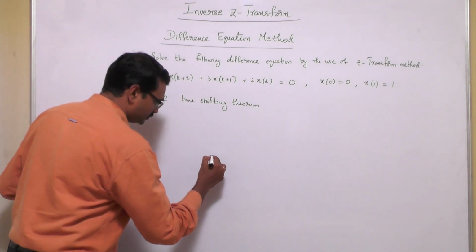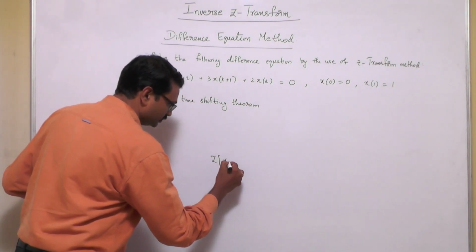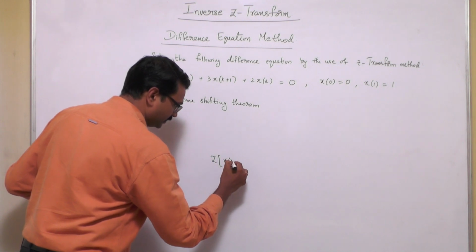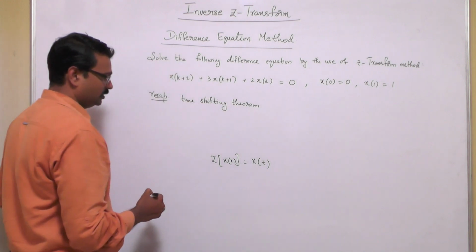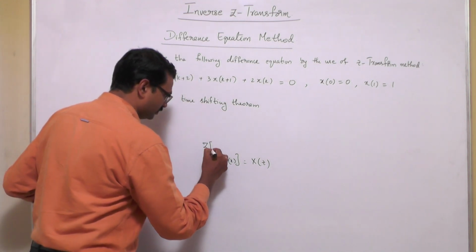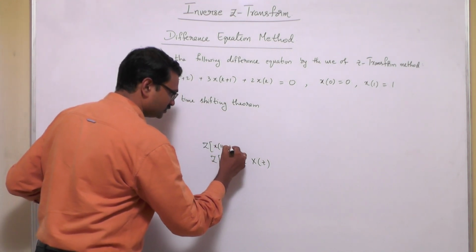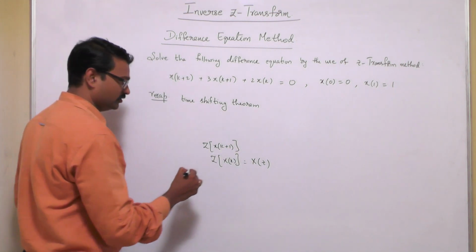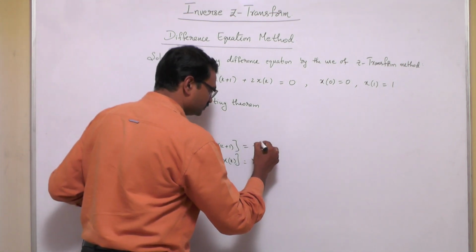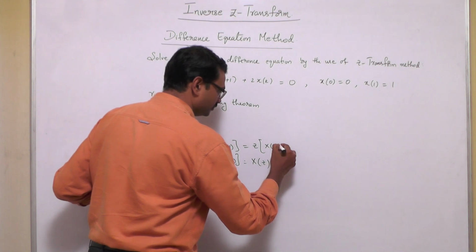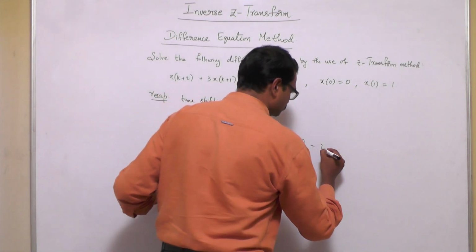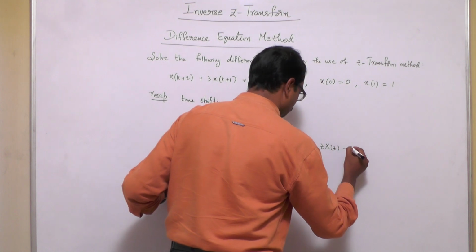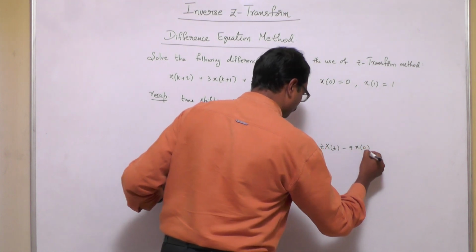We know that the Z transform of x of k is equal to x of z. Now what is the Z transform of x of k plus 1? The Z transform of x of k plus 1 is z times x of z minus x of 0, which is nothing but z x of z minus z x of 0.